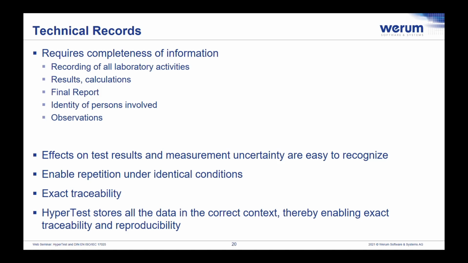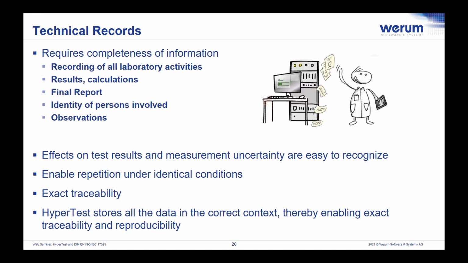DIN EN ISO 17025 demands a whole train of details when it comes to creating reports or other technical records. Among them are recordings of all laboratory activities, all results and calculations, the final report, the persons involved, just like any observations made.